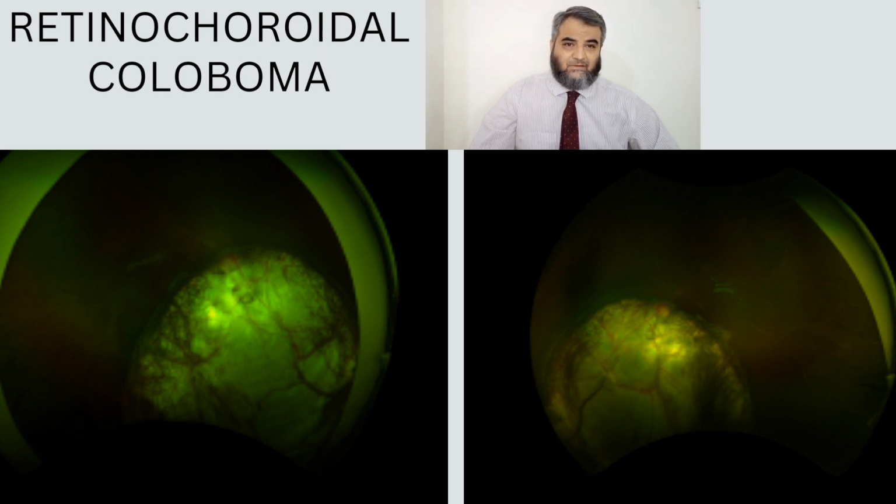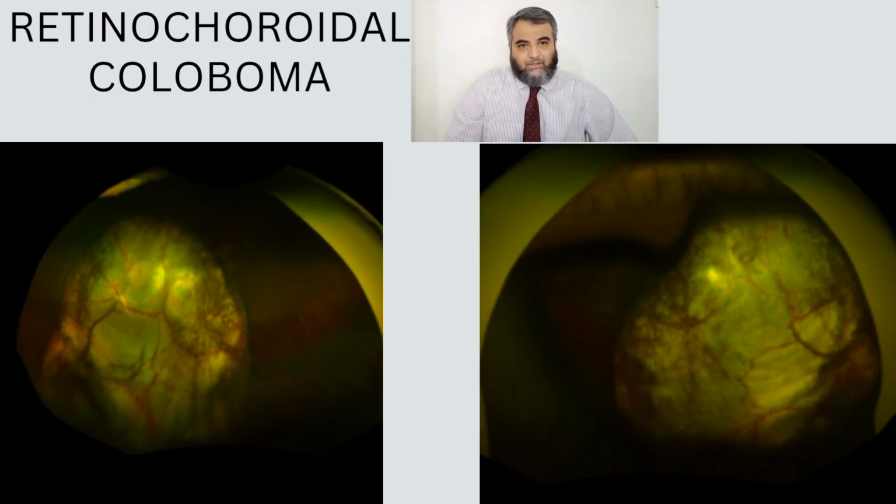A space is left where there is no retina, no choroid, and as there is no retina, there will be no photoreceptors in that area. So, in simple terms, the tissue is missing in the retina and the choroid also, shown in both fundus photographs.